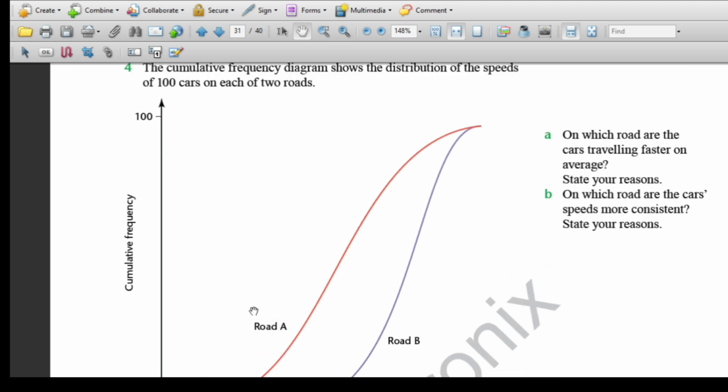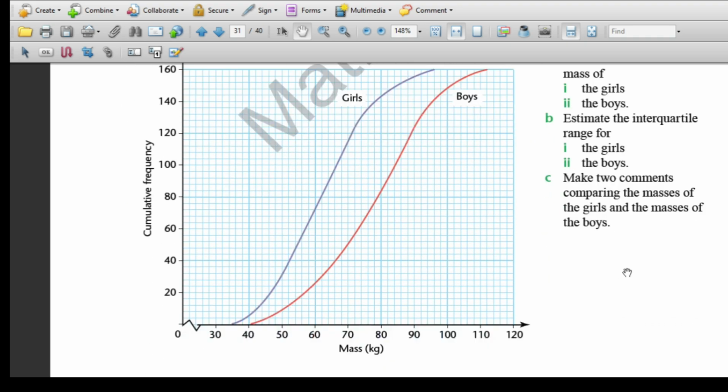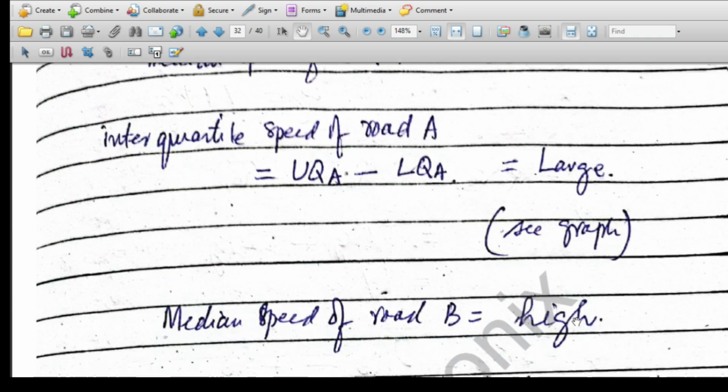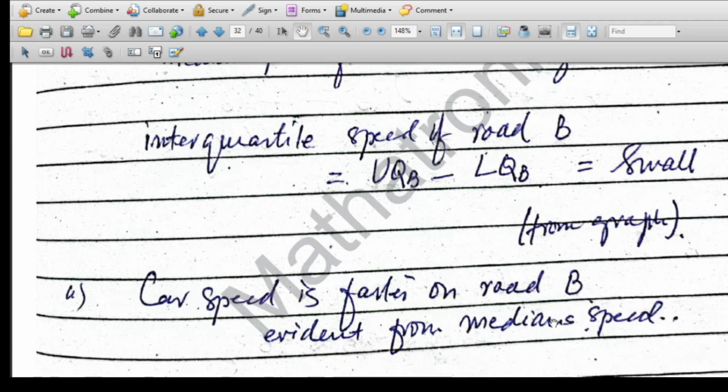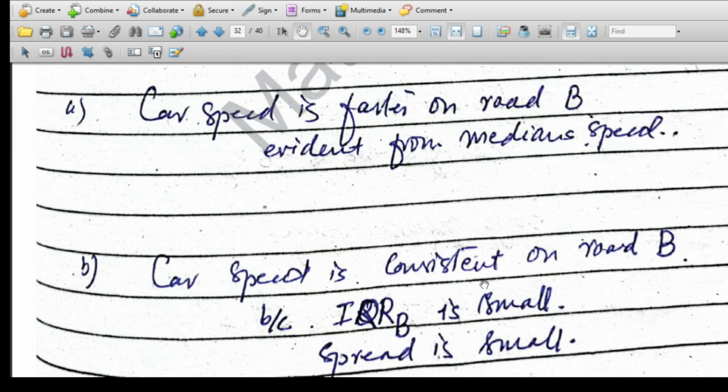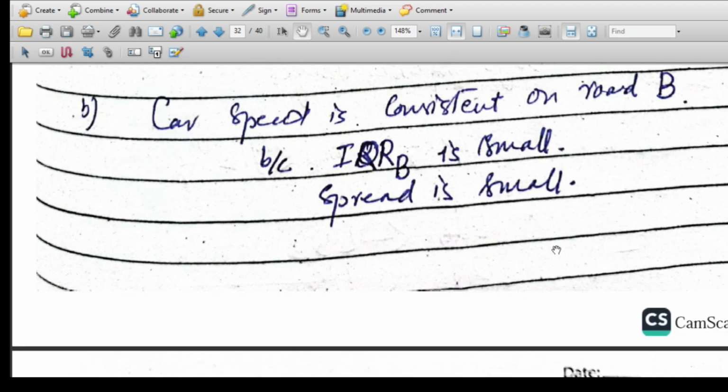So the road A interquartile range and road B interquartile range can be estimated, and the car speed is faster on road B and consistent on road B, because the speed is quite close. The interquartile range is small on road B, so the spread is small, that's why the speed is consistent on road B.